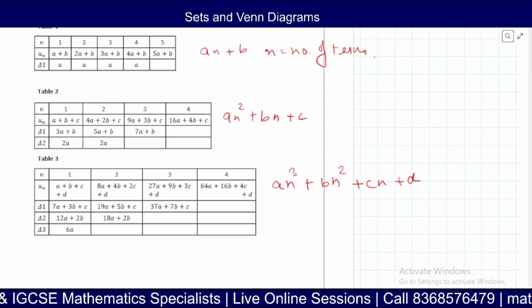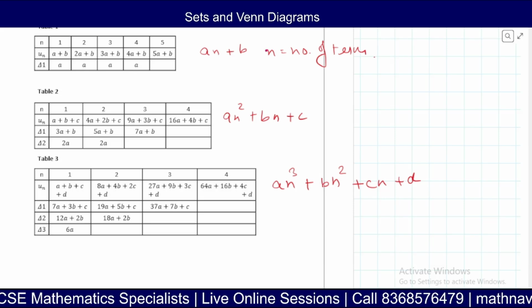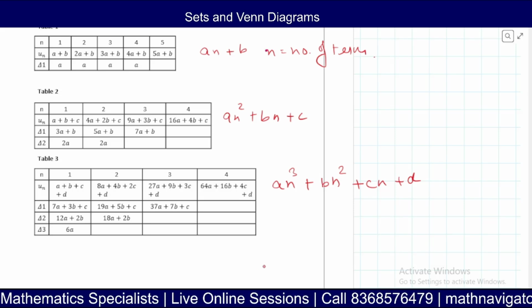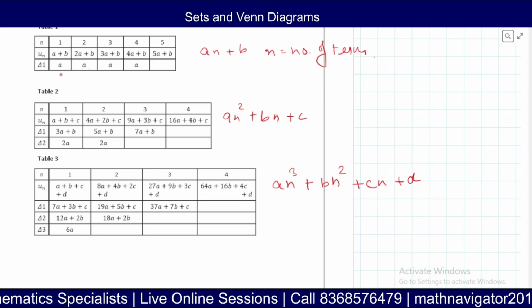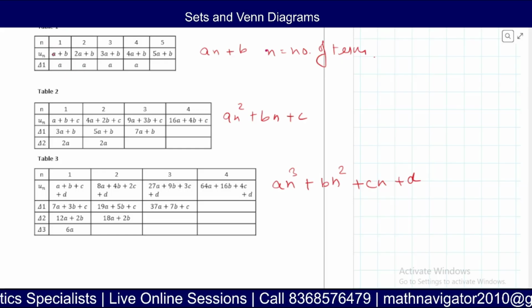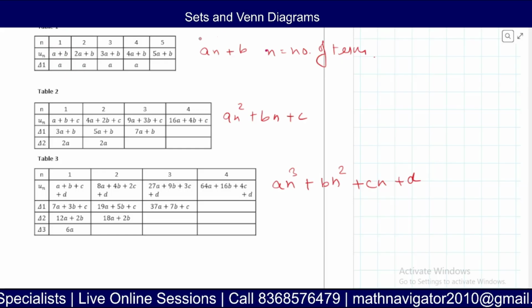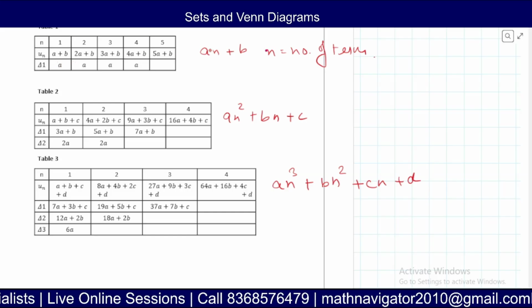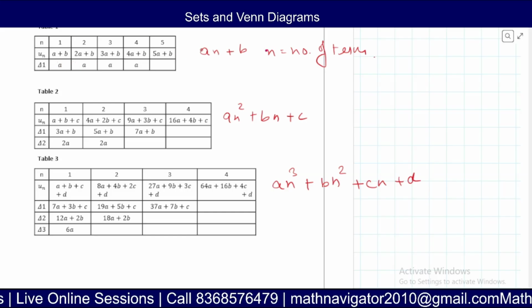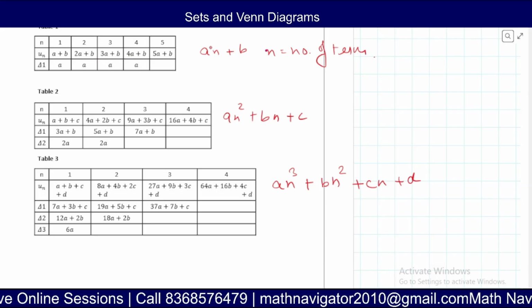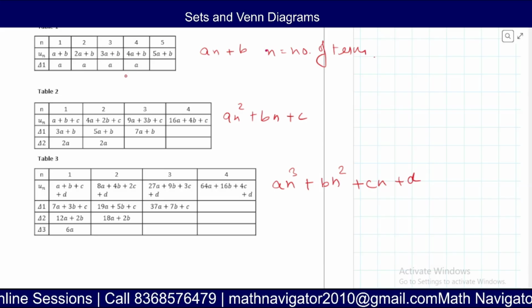So what happens in this case? My first difference is, let's say, what is a plus b? If I put n as 1 in this formula, it will become a plus b. If I put n as 2, it will become 2a plus b. If I put n as 3, it will become 3a plus b.